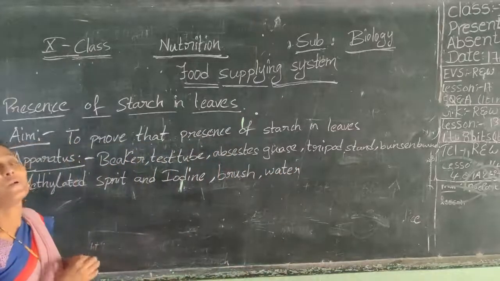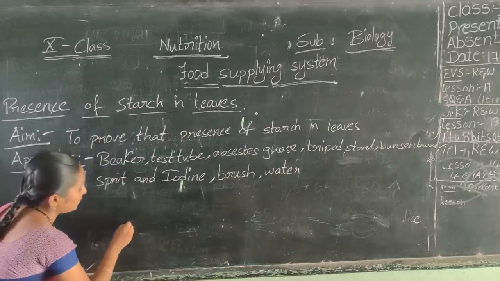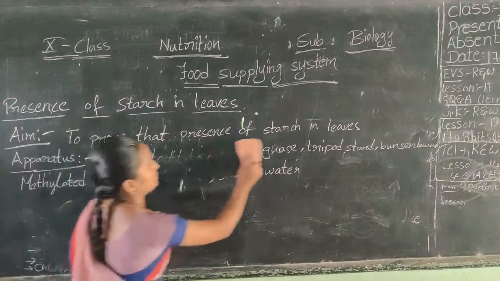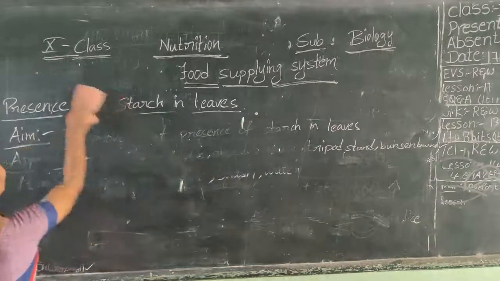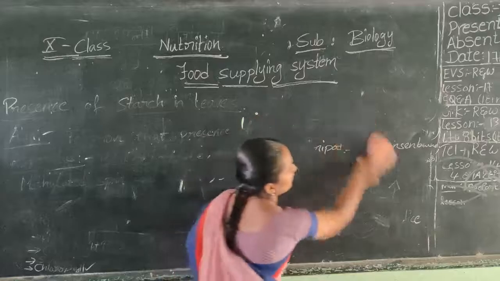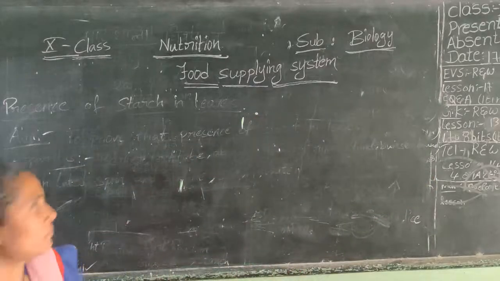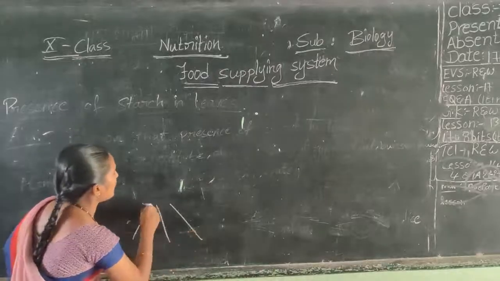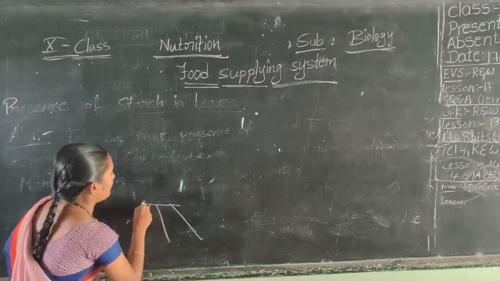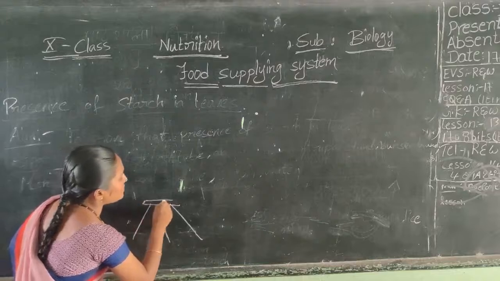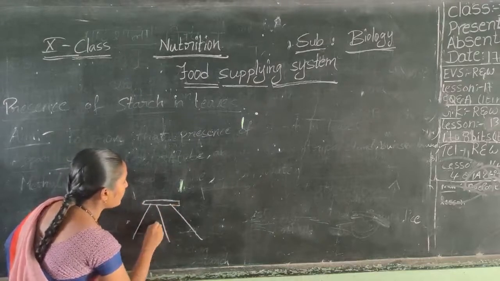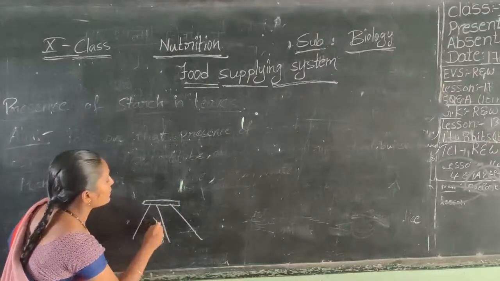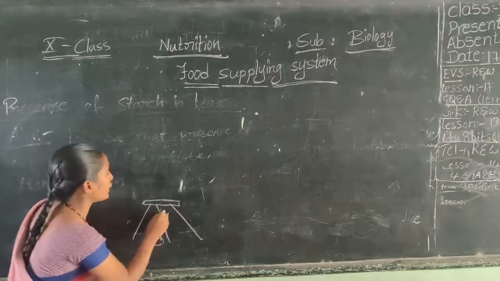Now you have to arrange the apparatus. This is the tripod stand, and then arrange the asbestos gauze upon this tripod stand and turn on the flame. Like that you have to draw, and put a beaker of water.